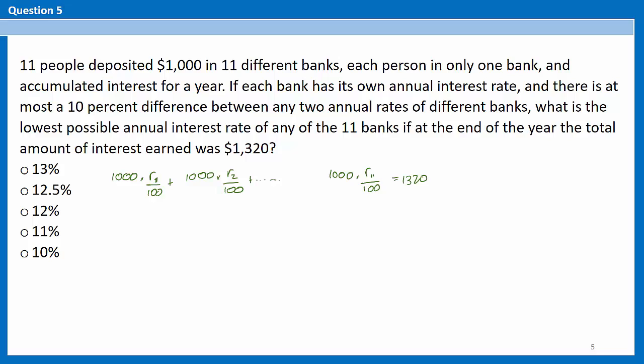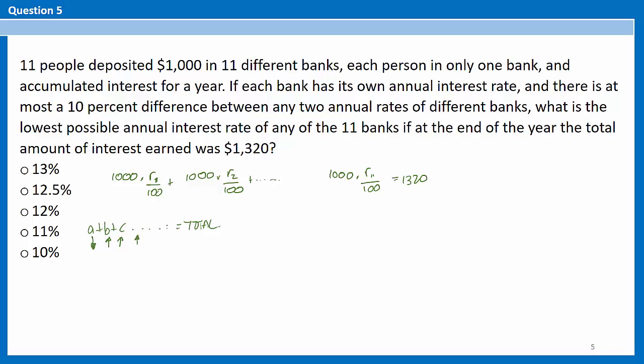So what they give us as a restriction is that there can be at most 10% difference between any two annual rates of different banks. So when I have a sum A, B, C, that is a total, and I want to find one of the values to be the lowest possible value, that means that the others must be the highest possible values, right?